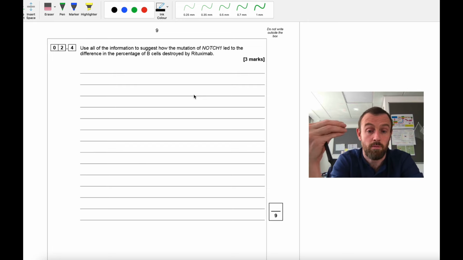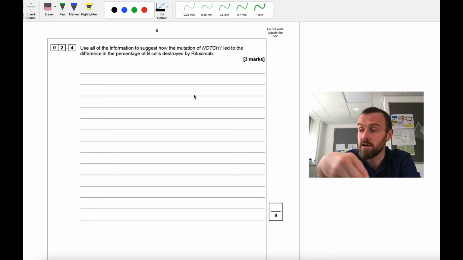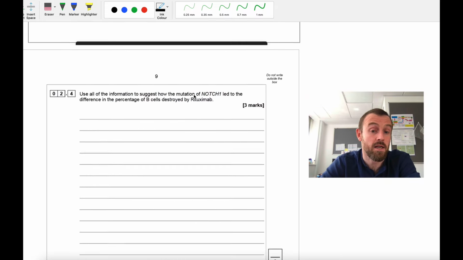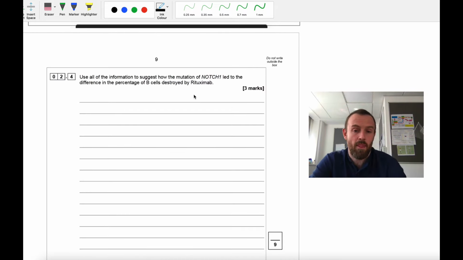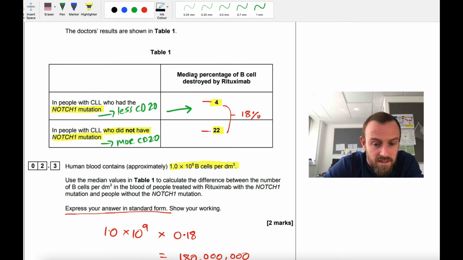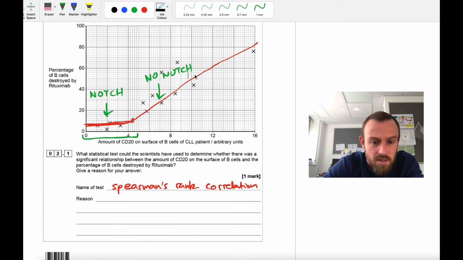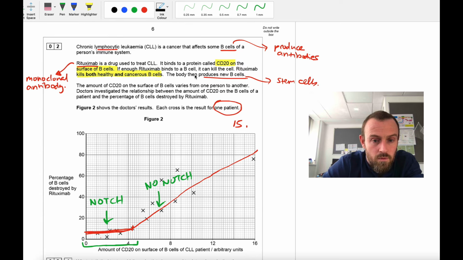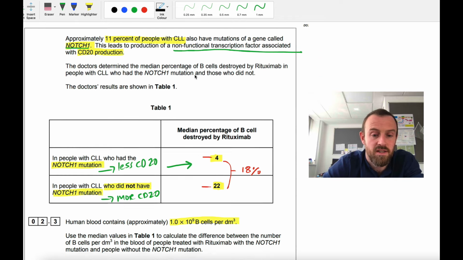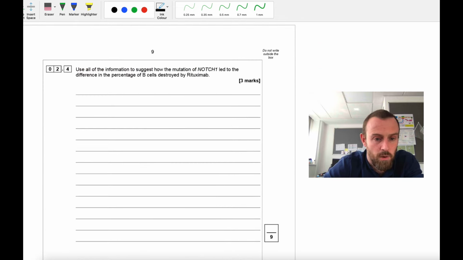This means that RNA polymerase cannot bind to the CD20 promoter, and therefore less RNA for CD20 is produced. So we're producing less CD20 on the surface of the cells, and then rituximab cannot bind to that receptor, because that's what it does, isn't it? Yeah, it binds to the CD20 receptor, and therefore if it's not binding to the cells, then it's not going to kill the cells. That should do it.